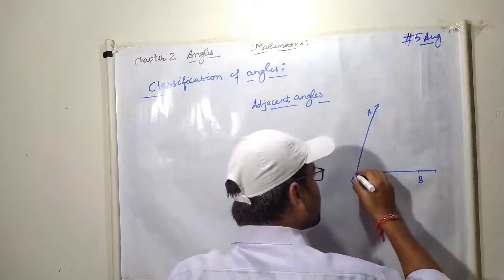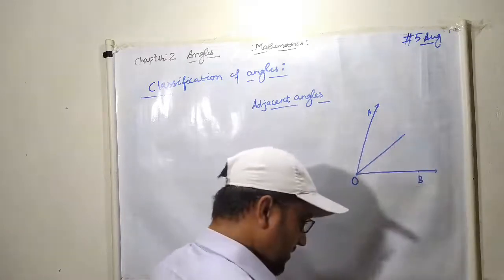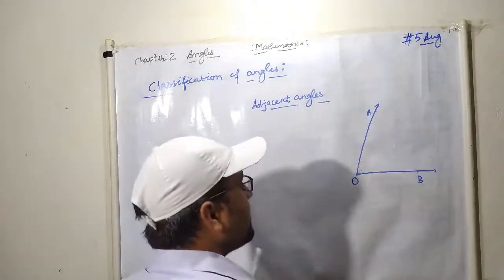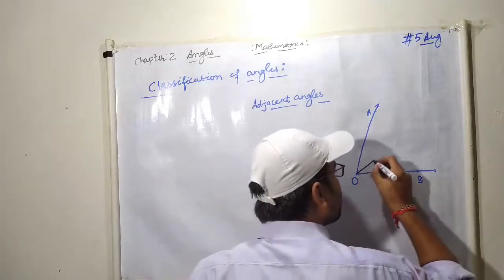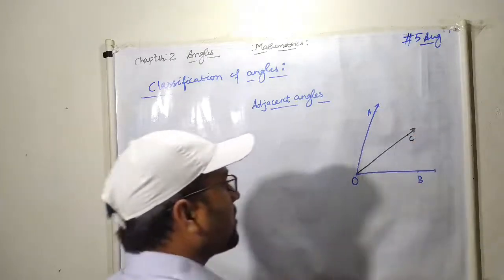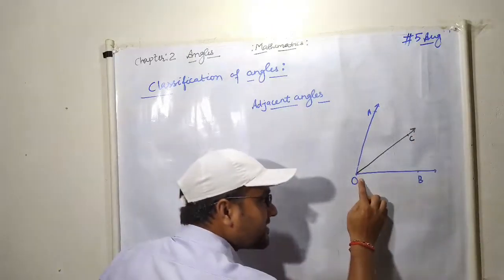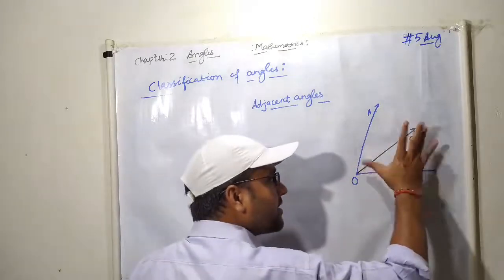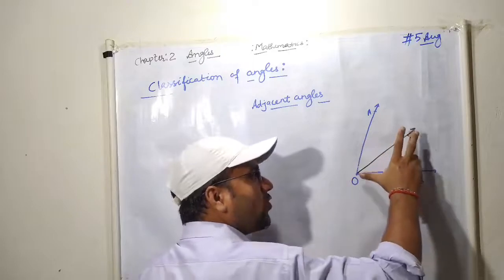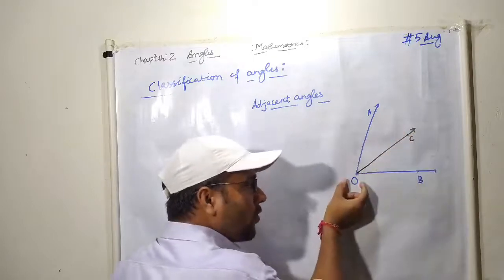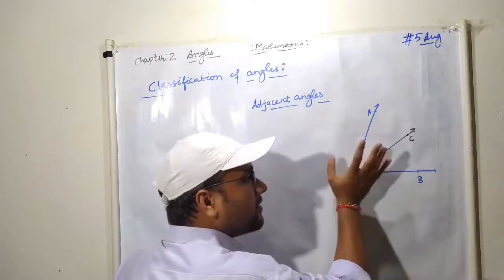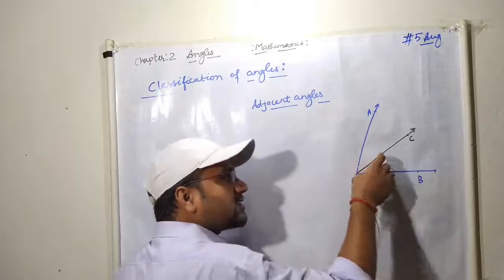Two angles are said to be adjacent angles if they have a common vertex, a common arm, and the non-common arms are on opposite sides of the common arm. OC is the common arm, O is the common vertex, and OB and OA are the two arms that are on opposite sides of this common arm.